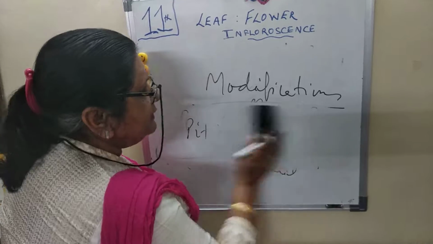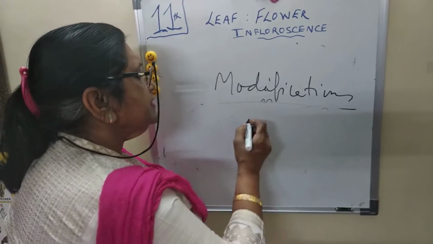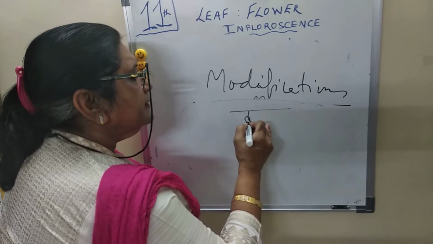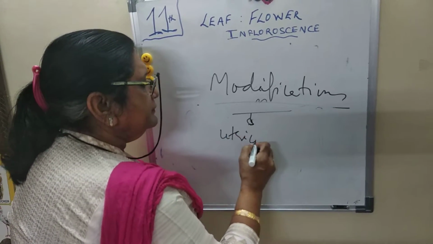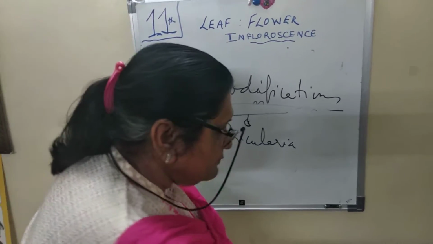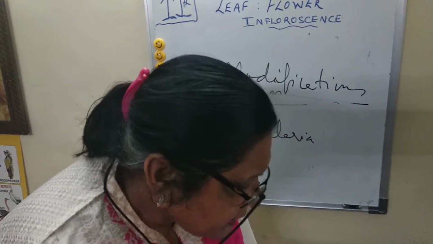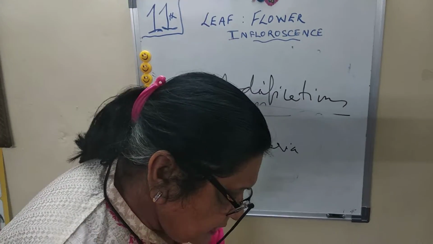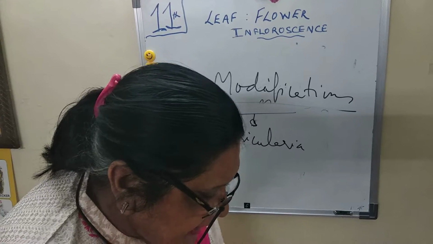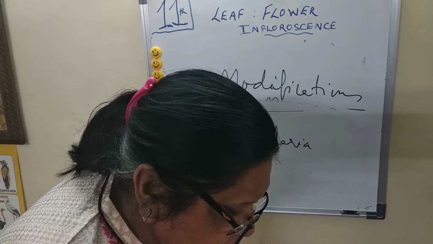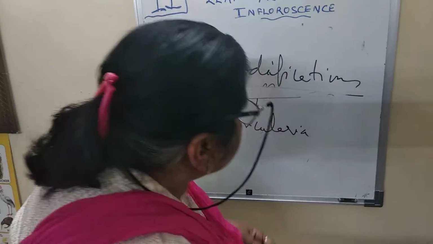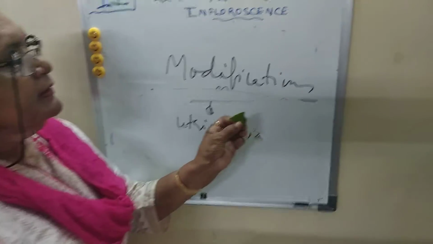Another modification: sometimes in aquatic plants we have bladder-like structures, as in Utricularia. Special bladders are formed. This is another modification of the leaf performing a secondary function. So leaf can perform various functions, primary as well as secondary.